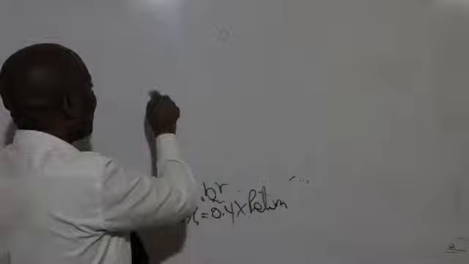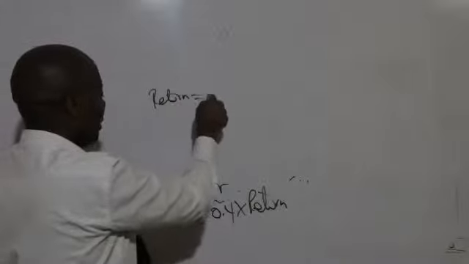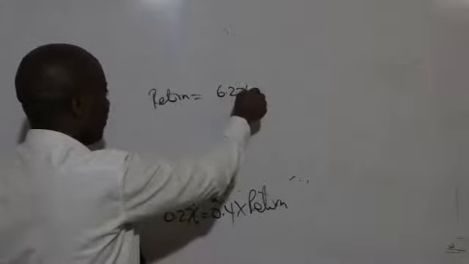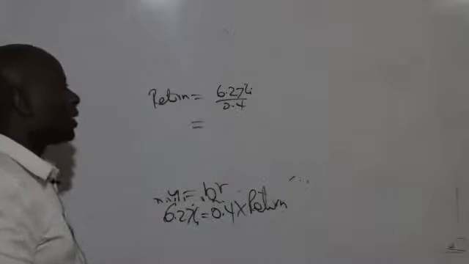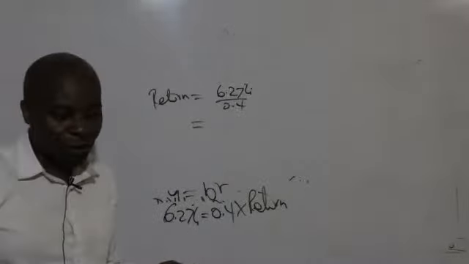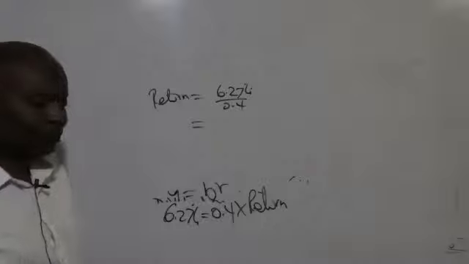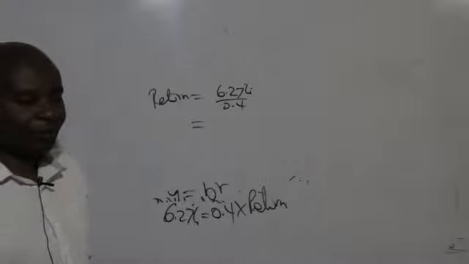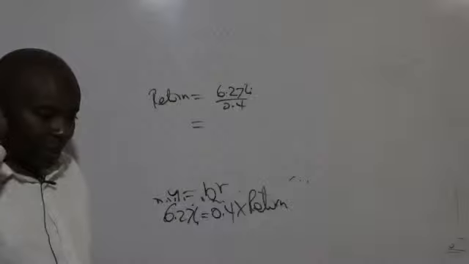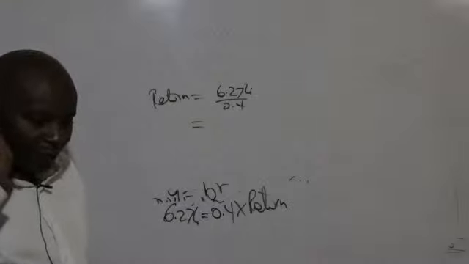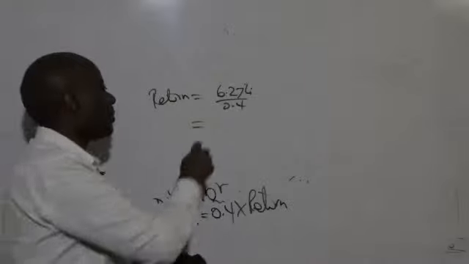Our return here will be equal to 6.27% divided by 0.4. What is 6.27 divided by 0.4? So the return here will be 15.67%.